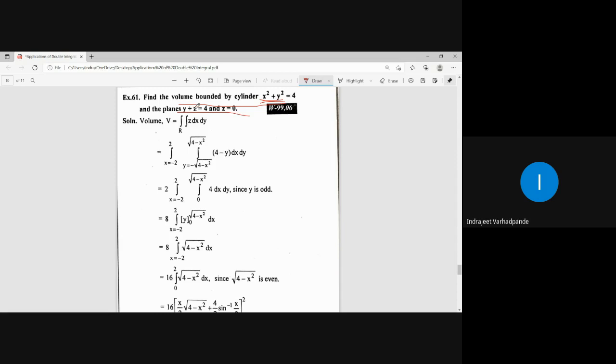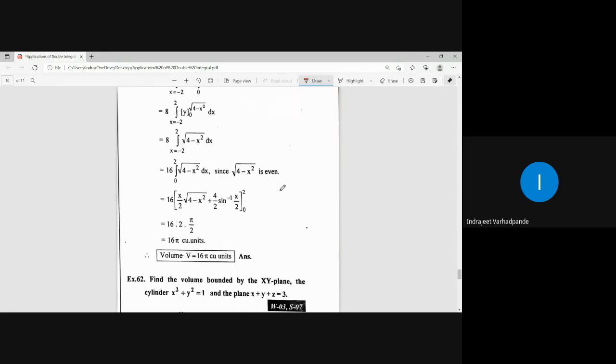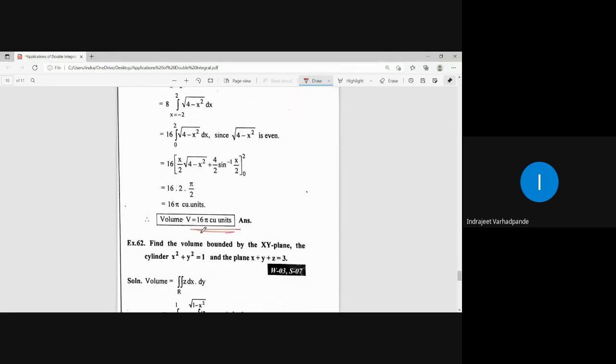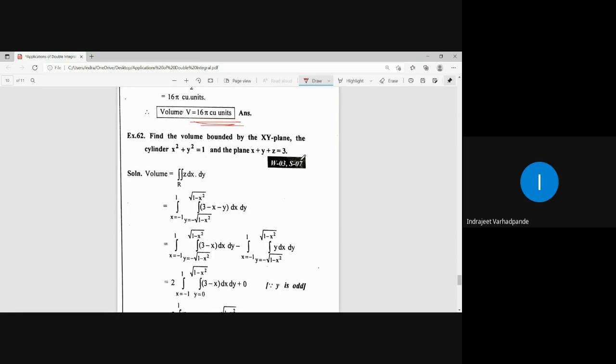By putting z equal to 0, I get the simplification as y is equal to 4. So from this you get the limits for x, you get the limits for y, get the simplification, solve it. Whatever is the answer will be nothing but the cubic units. So volume V comes out to be 16 pi cubic units.